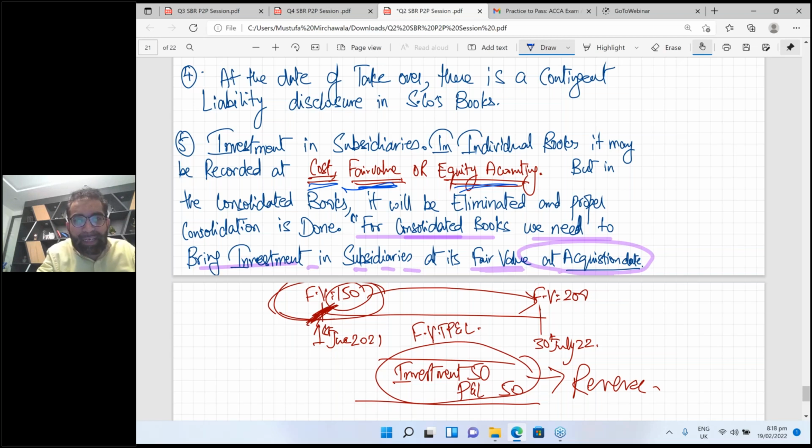Now these lines are very important, these are the real lines. For consolidated books, we need to bring investment in subsidiary at its fair value at acquisition date. Because acquisition date fair value of consideration, fair value of shares, is used in the calculation of goodwill, and that is to be cancelled out.